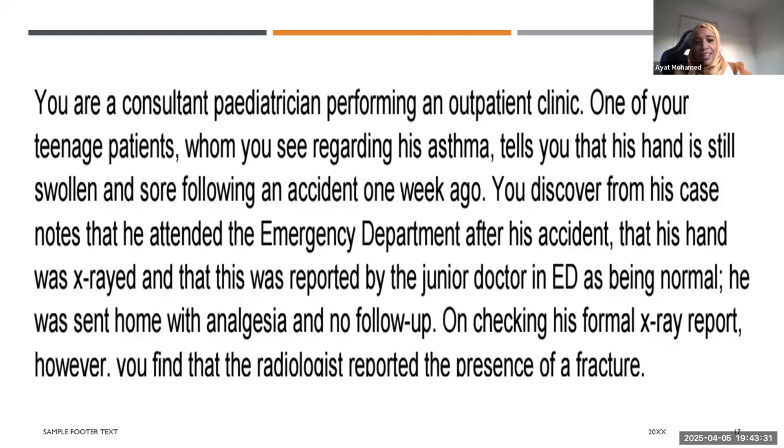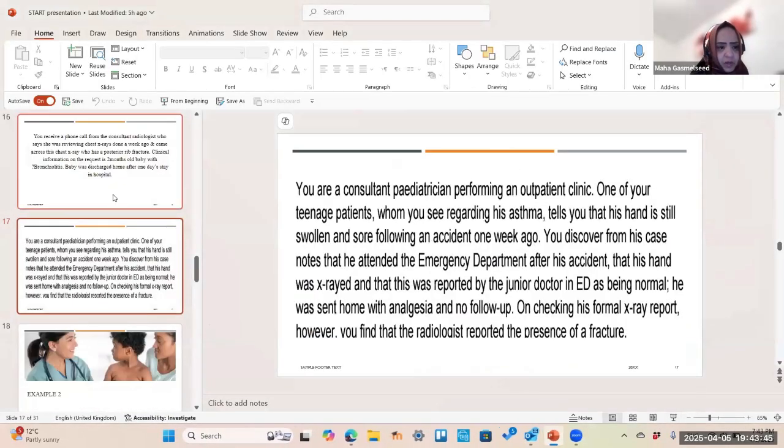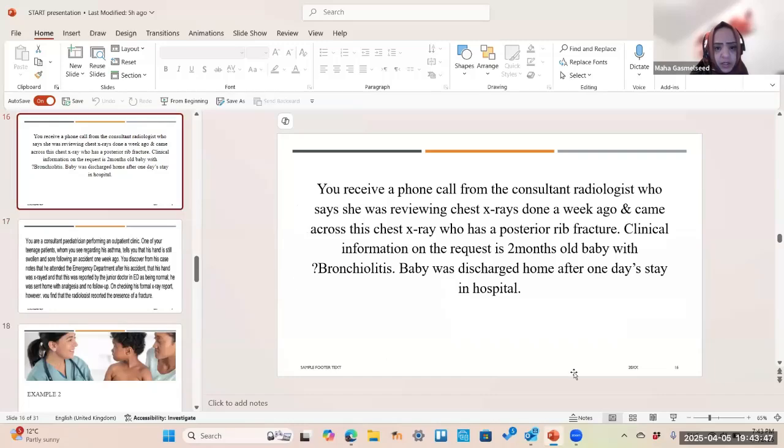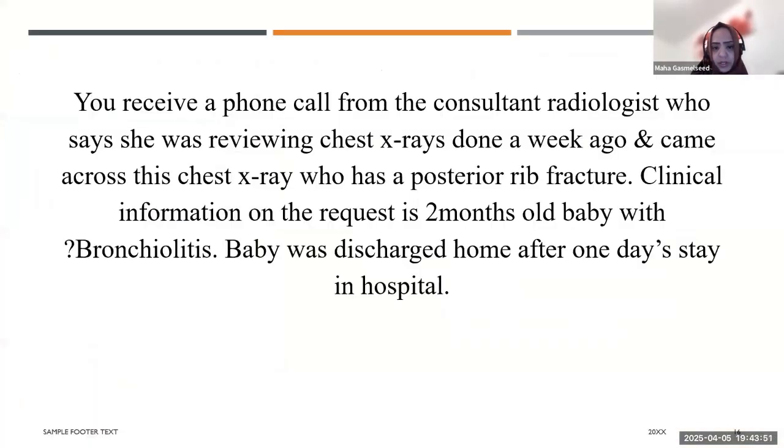There are a couple of comments in the chat, Maha. Yes. Usman mentioned, do we also need to incident report the missed fracture? I don't know if it was missed, because it was mentioned that the X-ray was requested for bronchiolitis, right?